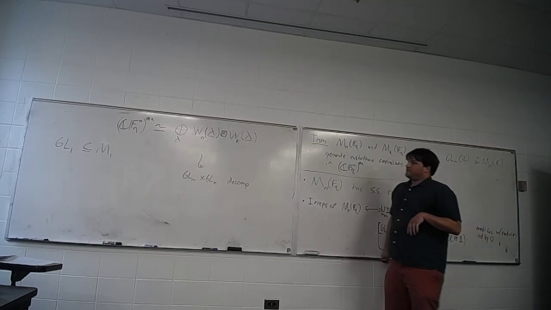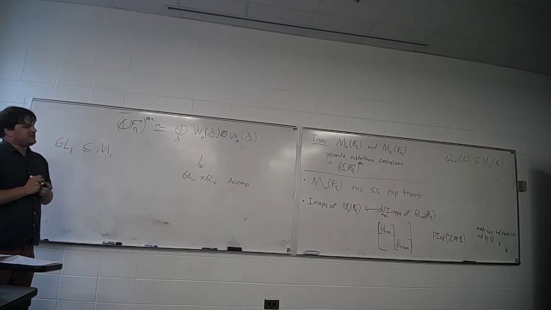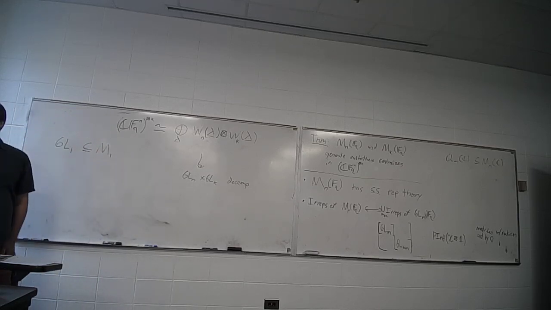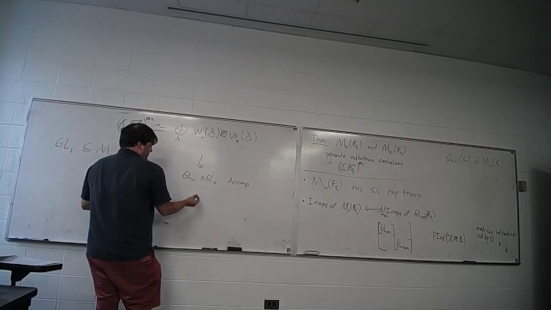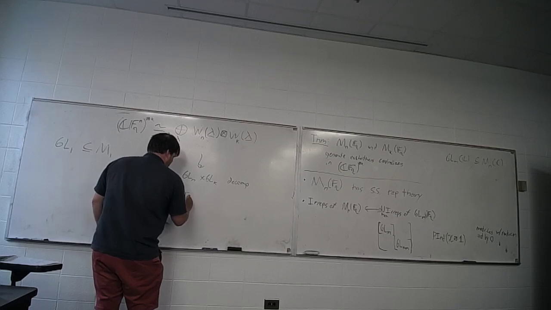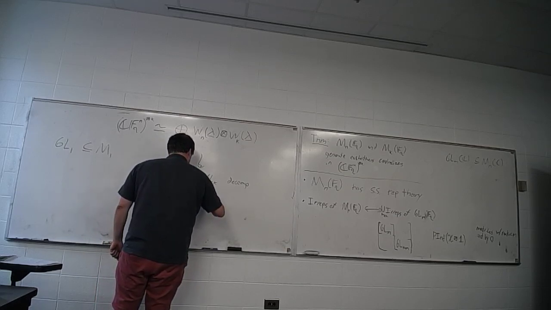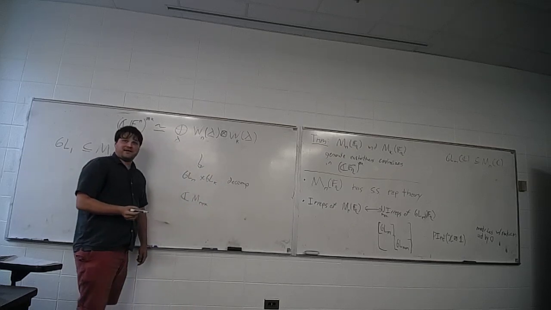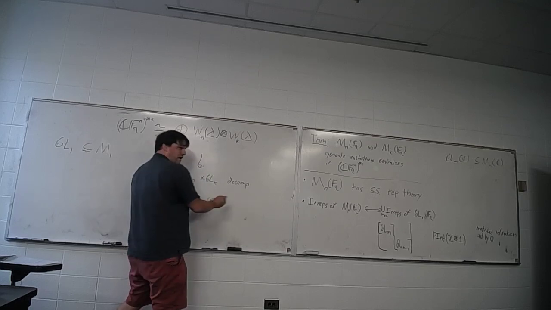But yeah, I was saying it's a kind of fun mystery to me why this doesn't work for Sn cross Sk. So I have GLN cross GLK, and I can think of this as acting on the space of n by k matrices, where I'm acting on the right and left.